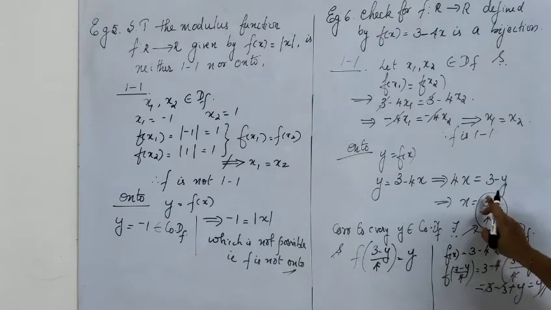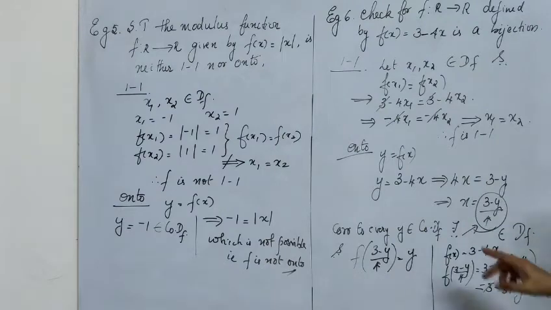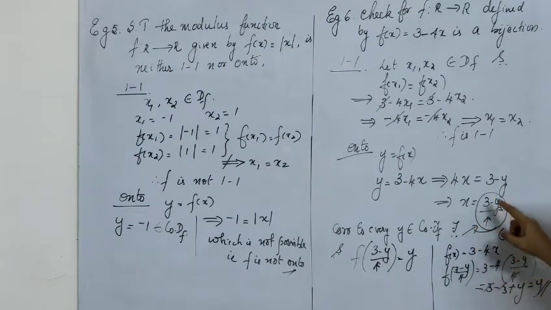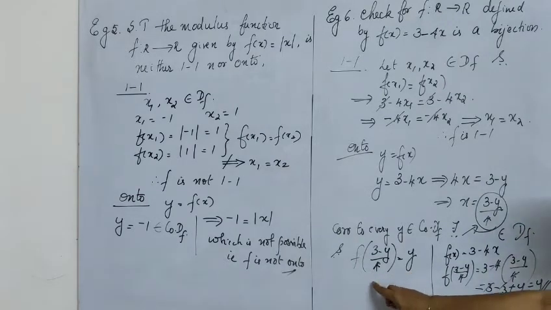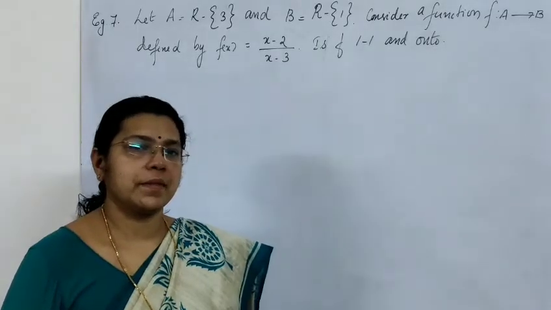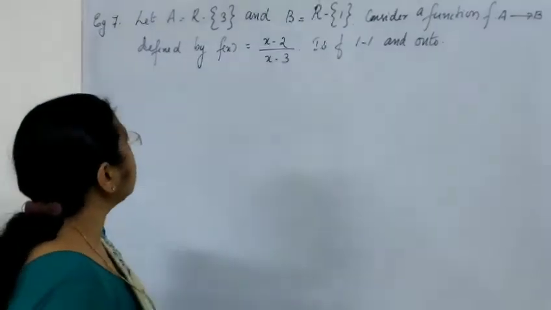This is the x value that I am going to find in the domain of the function. So if so, I can say that the function is onto. Am I clear? Okay.